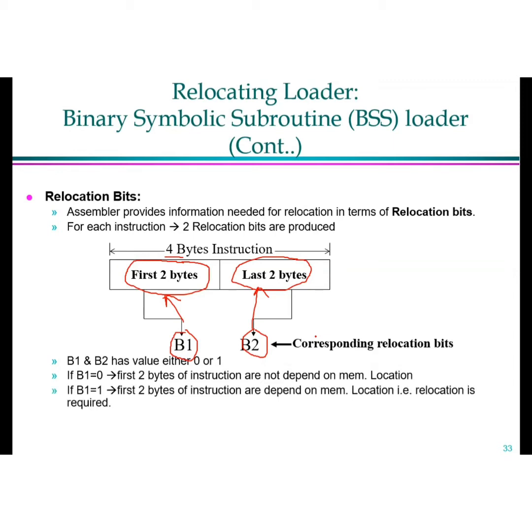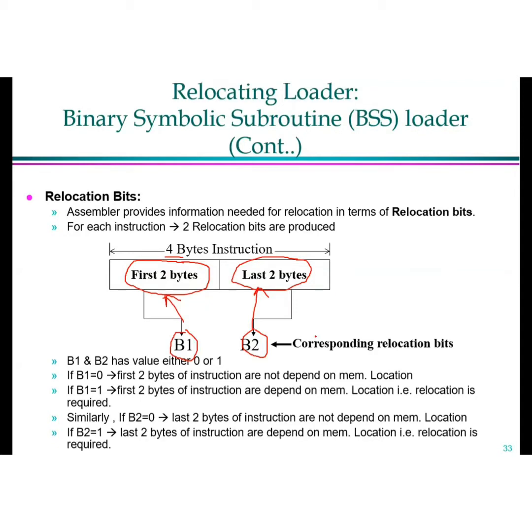If it is set to 1, those first 2 bytes need relocation. In the same way, B2 being 0 means the last 2 bytes don't need any relocation, and B2 set to 1 means the last 2 bytes need relocation. So there are 4 possibilities, as I said. 00 means both the first 2 bytes and the last 2 bytes don't need any relocation, so the complete instruction is not dependent on the memory address.